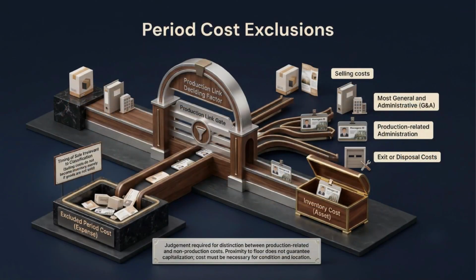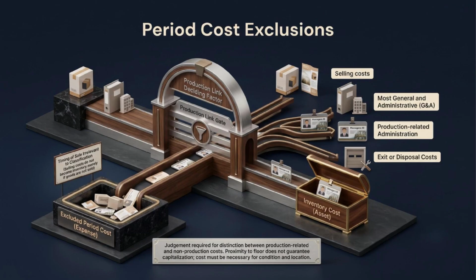Some costs stay out of inventory because they do not have a clear production link. Selling costs are expensed as incurred because they happen after goods are ready for sale. Most general and administrative costs are also period costs because they do not directly create inventory.